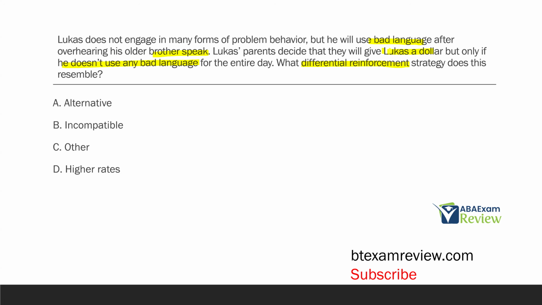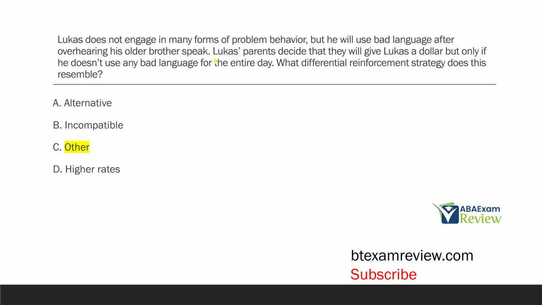In this case, Lucas is getting reinforced when he doesn't use bad language, when the behavior does not occur. Higher rates is a differential reinforcement strategy, but not one you need to know for your RBT exam. Once again, if you're reinforcing for a behavior not occurring, you're typically going to be using a differential reinforcement of other behavior strategy.